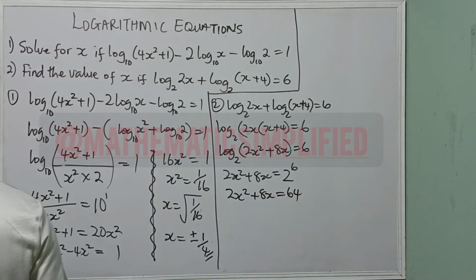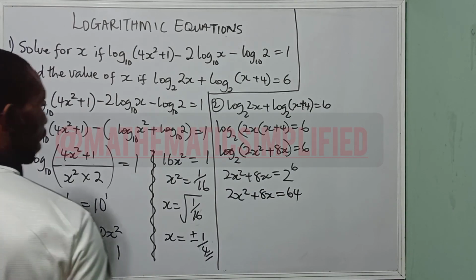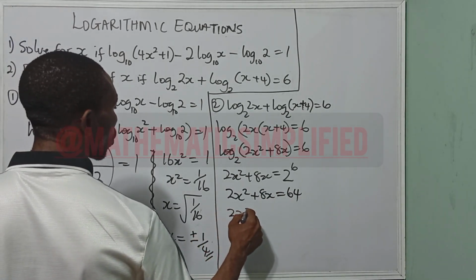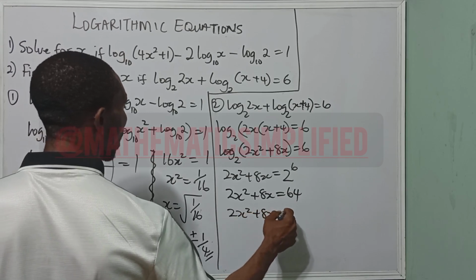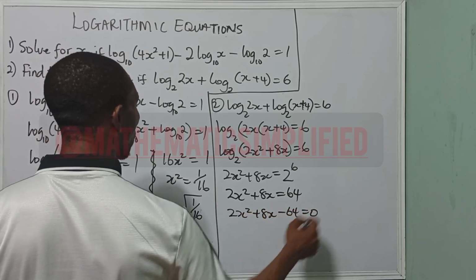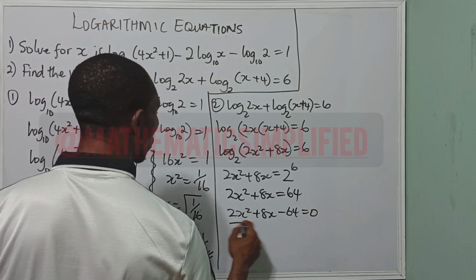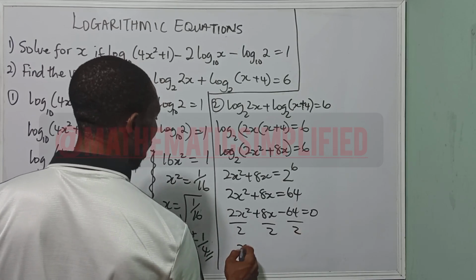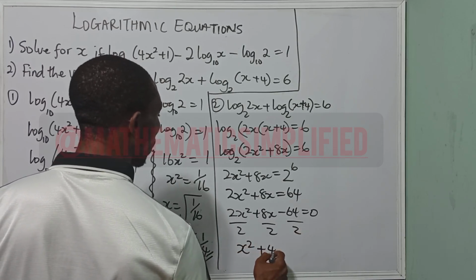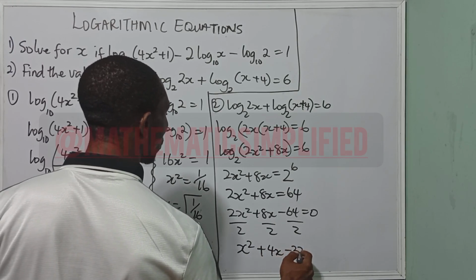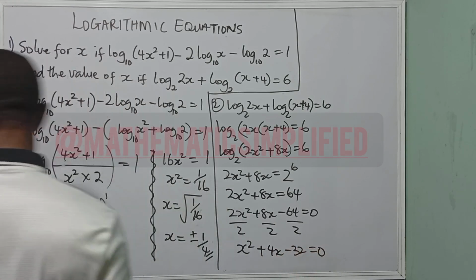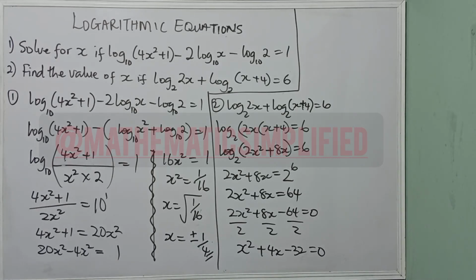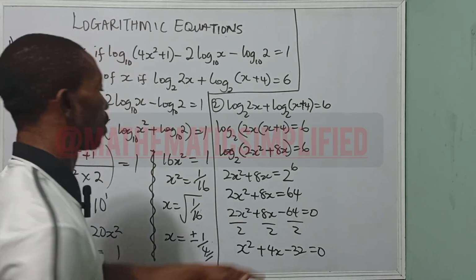Turning it into a quadratic equation, we have 2x squared plus 8x minus 64 equals 0. So divide through by 2. We have x squared plus 4x minus 32 equals 0. Now we look for the factors of 32 that will give us 4.